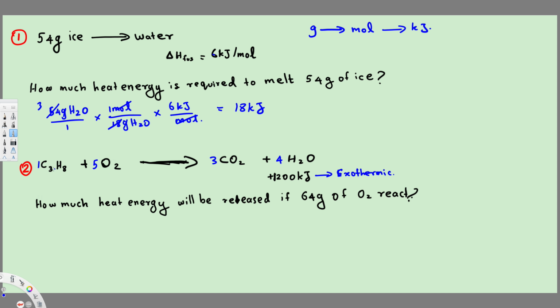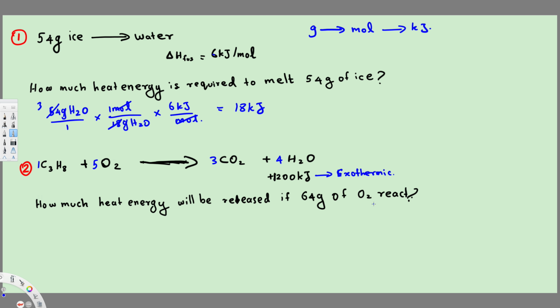So from this one we can conclude that if 1 mole of propane reacts, 1200 kilojoules of energy is released, and if 5 moles of oxygen react, 1200 kilojoules of heat is released, right? So that's what it really means. Here they are asking how much heat energy will be released if 64 grams of O2 react.